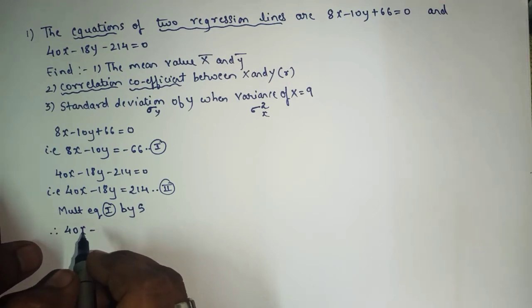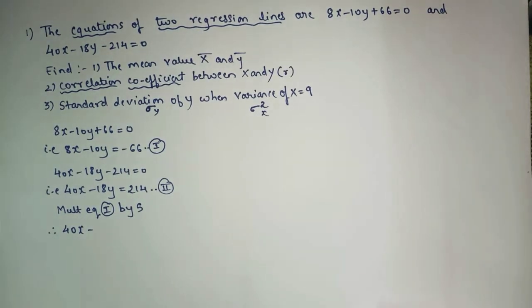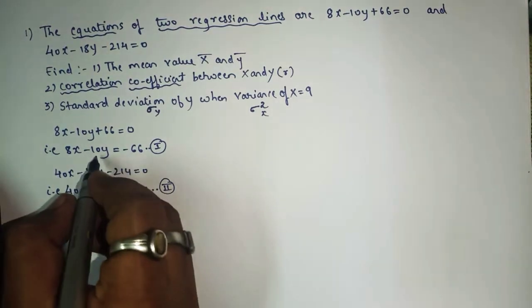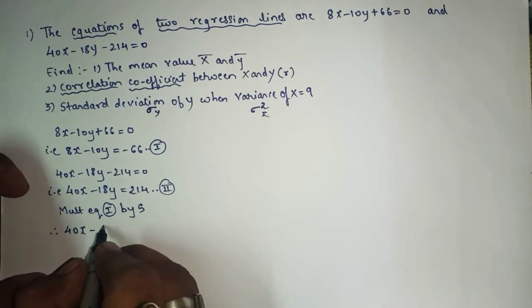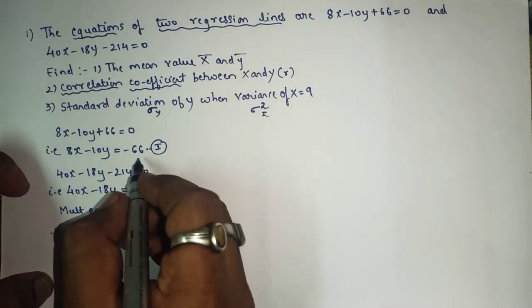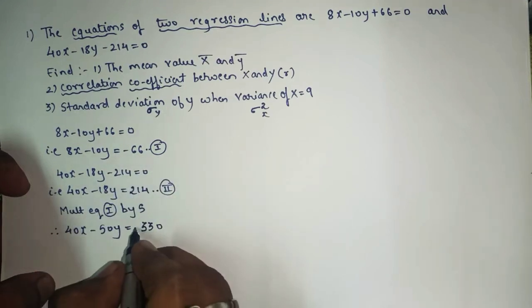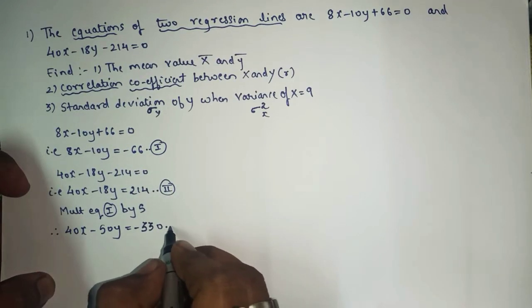Yes or no? Understood? Got the idea? 5 tens are 50y, and 5 sixty-sixes are 330, but here we have minus, so we'll write minus, and we'll give this as equation number 3.